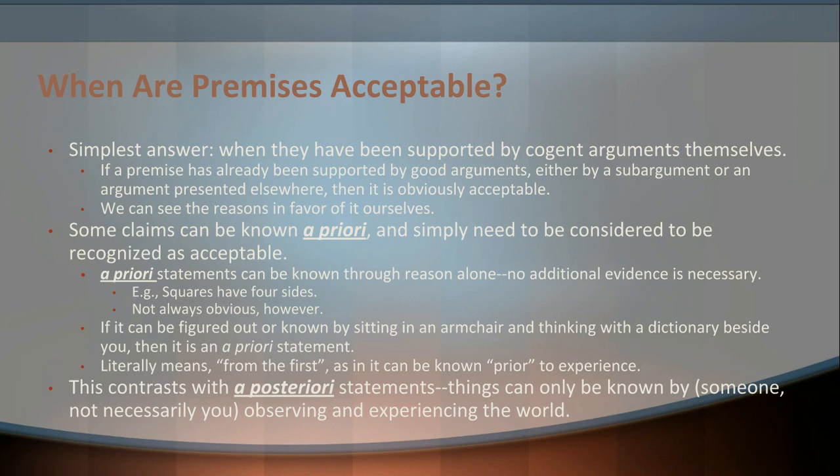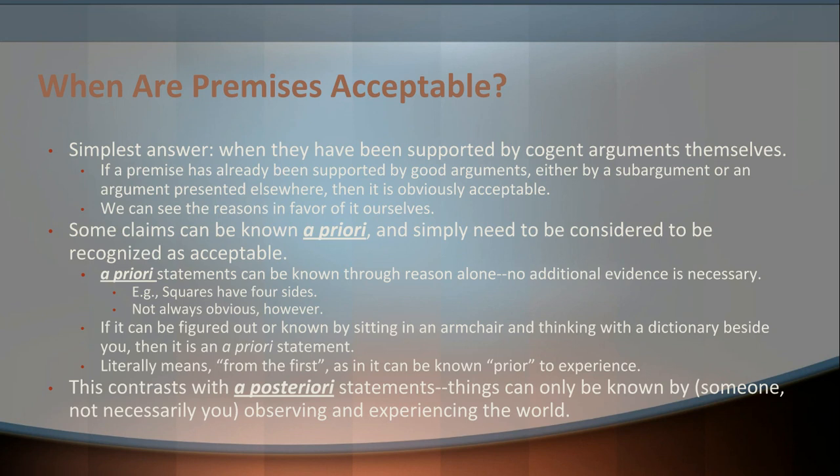Another thing that tends to be very useful for identifying acceptable premises right off the bat are things that we can classify as a priori truths. It's literally a Latin phrase, a priori, that means from the first or from the prior thing.